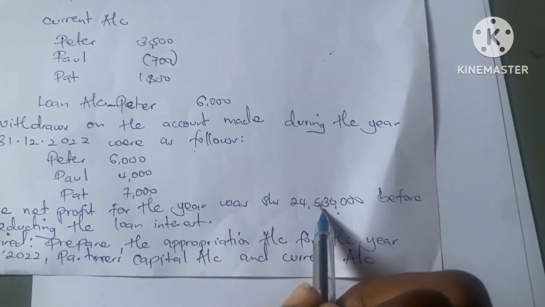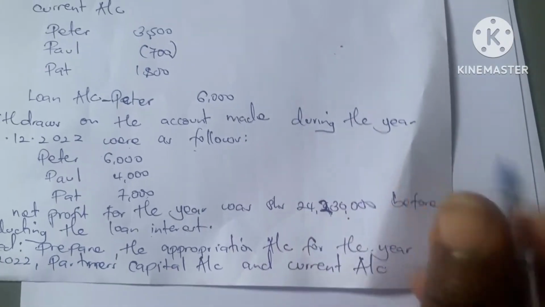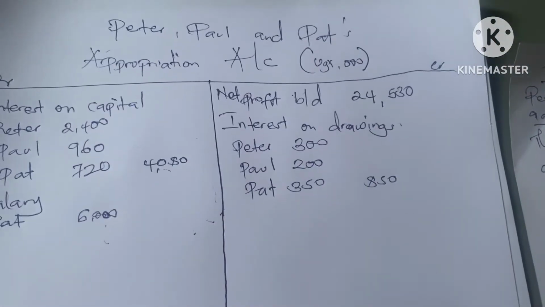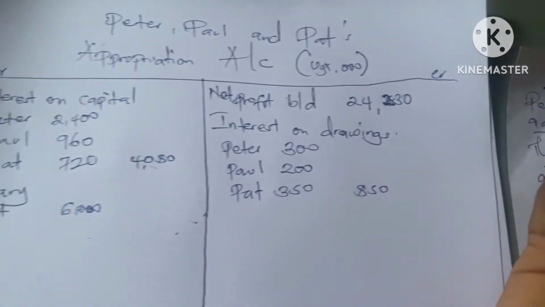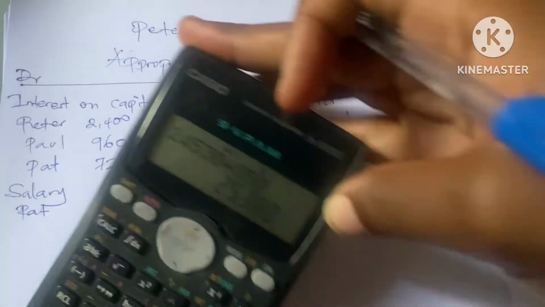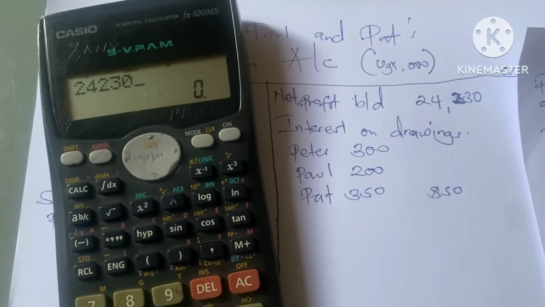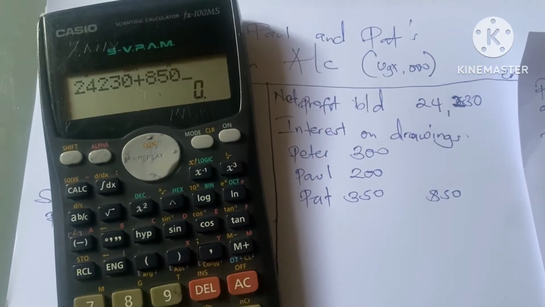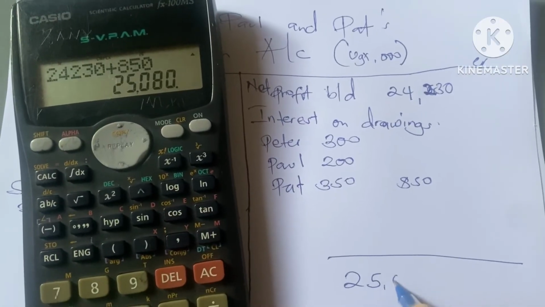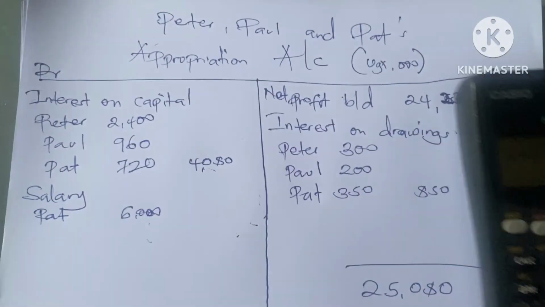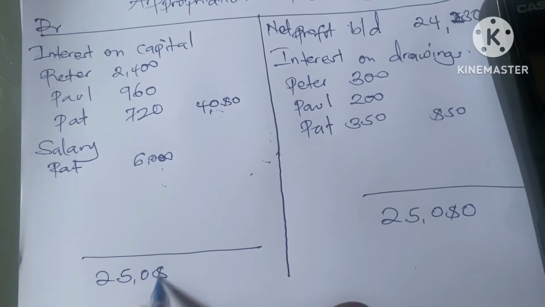Here, the net profit was 230, not 530, so it is going to change to 230, like that. Sorry for the inconvenience. So here I'll add 230 plus 850, like that. So that is going to be the total, 25,080. Since it's the biggest, I put that same figure on both sides, 25,080.